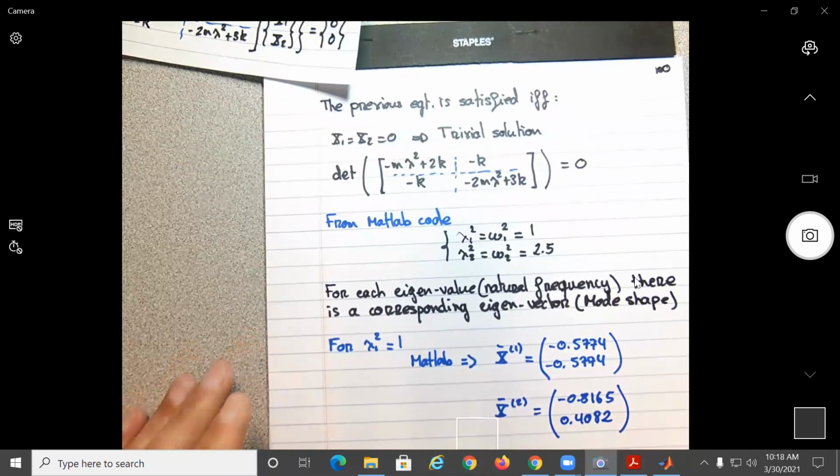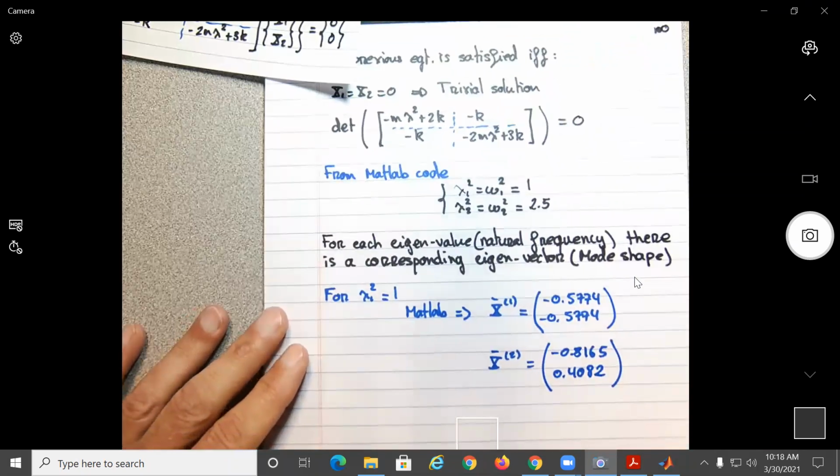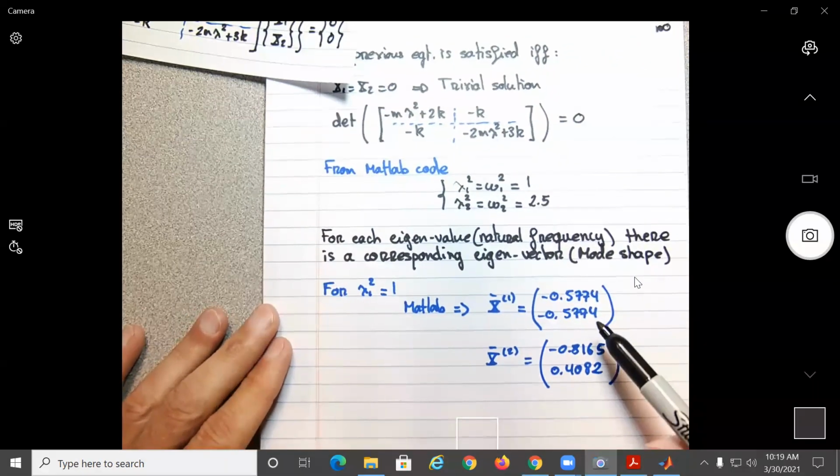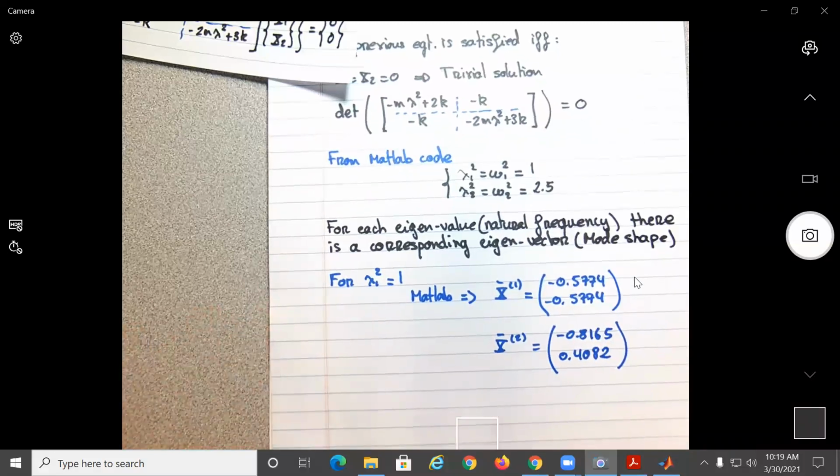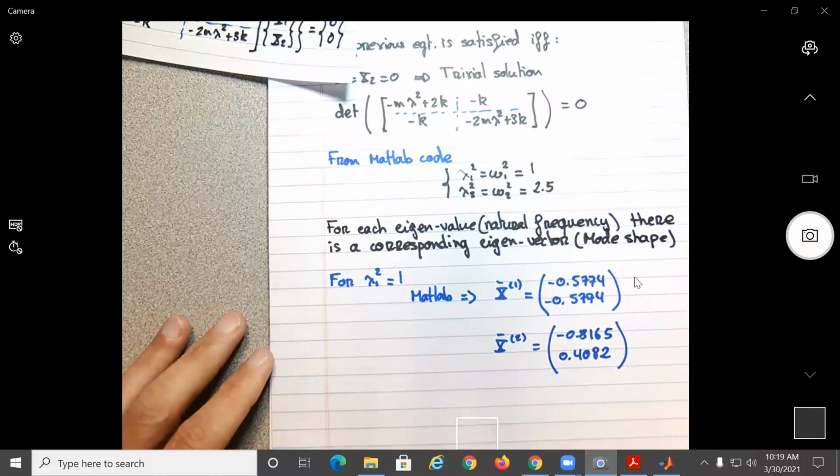So, now, let's rewrite these two eigenvectors, okay? But before that, let me put something in red.